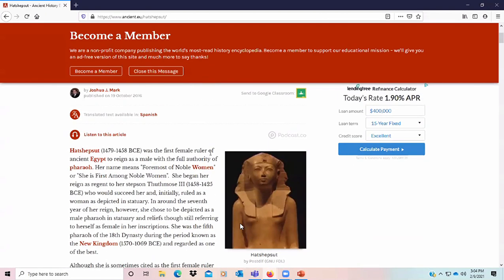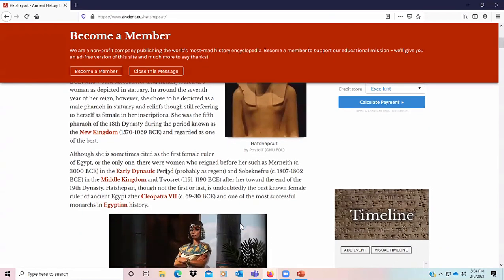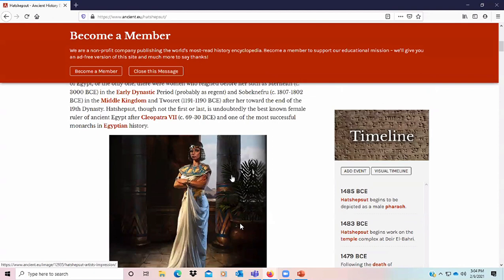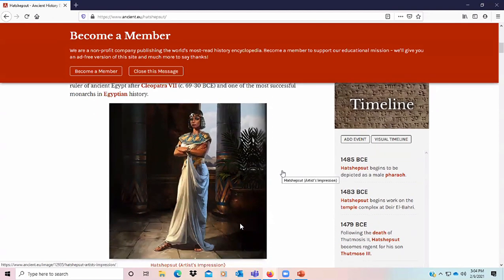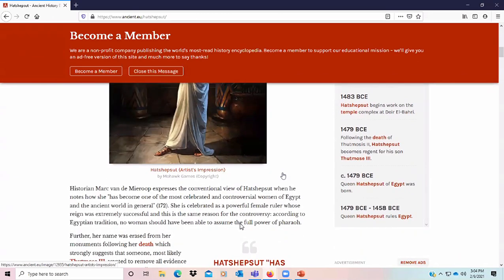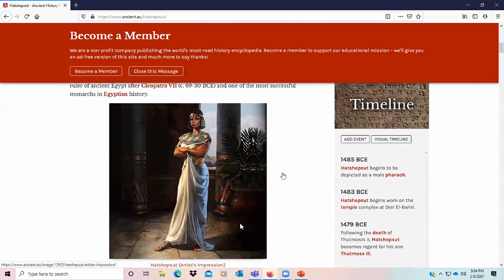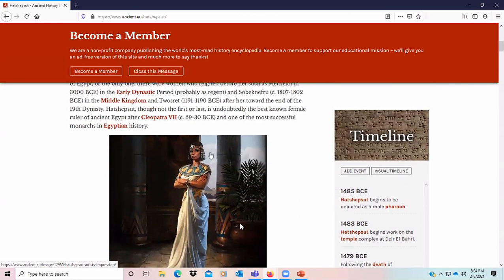She was the first female ruler of ancient Egypt. But this is a pictorial rendering of her here. Notice she's not white, right? She's a black woman, because she was a black woman.